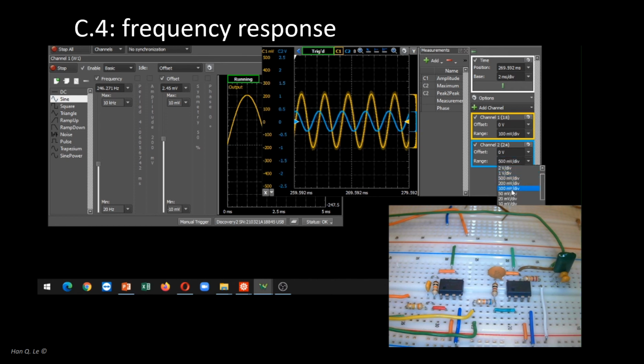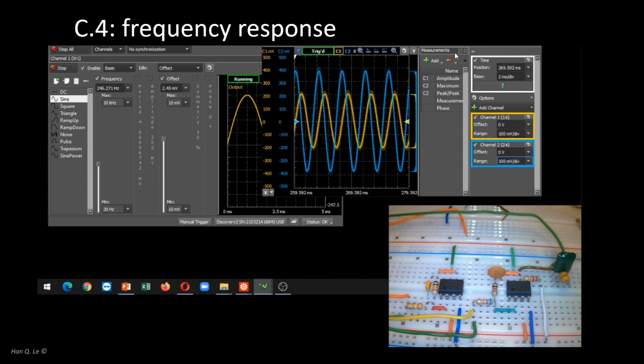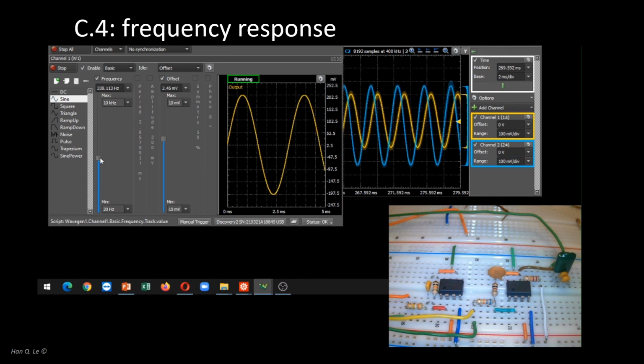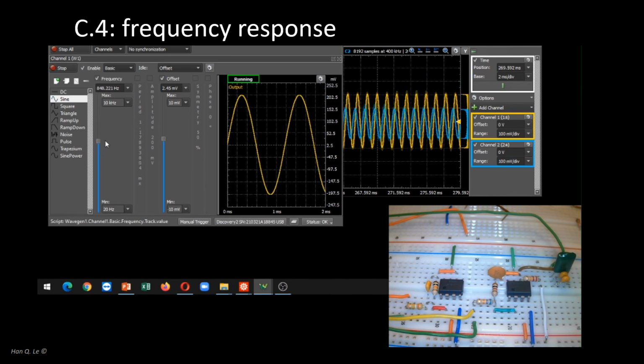Once the system was deemed ready, data acquisition was performed at selected frequencies for the frequency response measurement. The data were saved in CSV format for later processing.